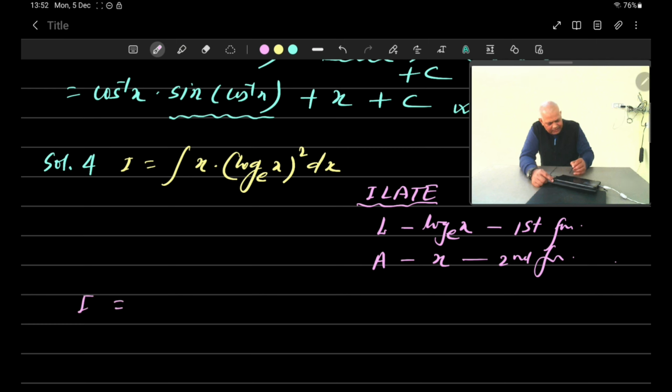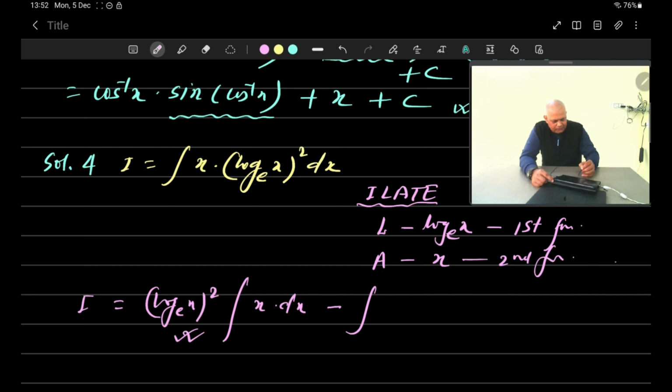So once again, I equals (log x) whole squared as the first function, outside of the integration. Now integrate x times dx, negative sign, the differentiation of this logarithm, which is nothing but d/dx of (log x) whole squared, and once again integration of x times dx.